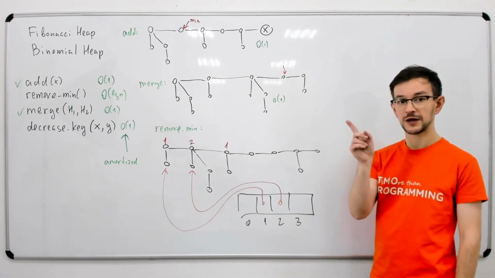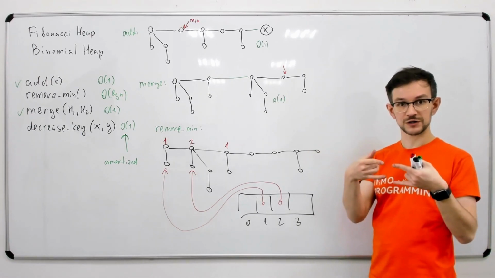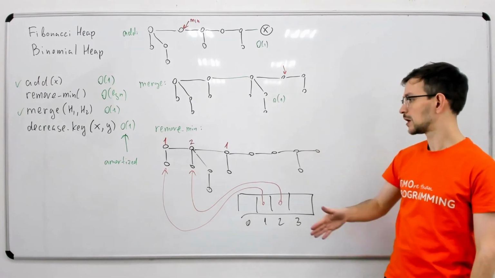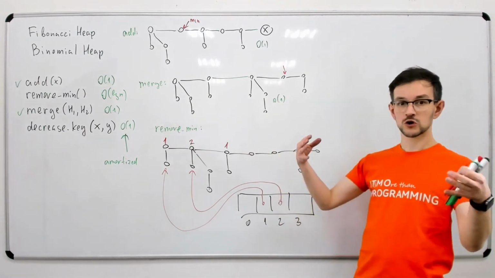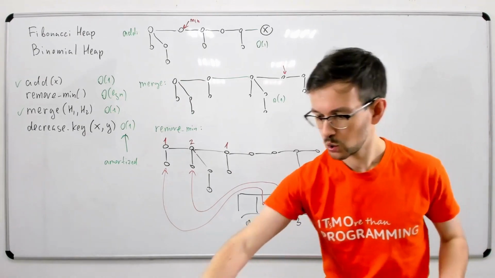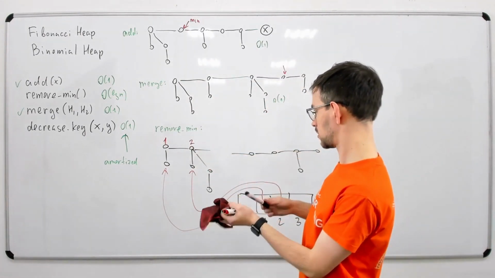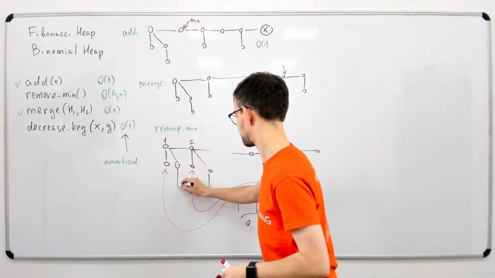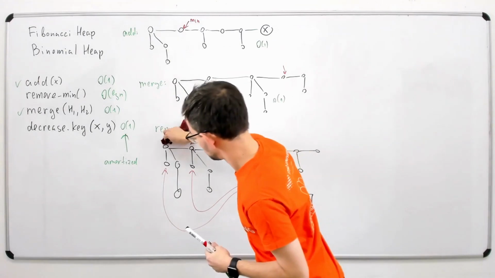Huh? That's not good. We may merge these two trees. So let's take this tree, take another tree of rank 1, and merge them together like this, and get a tree of rank 2.